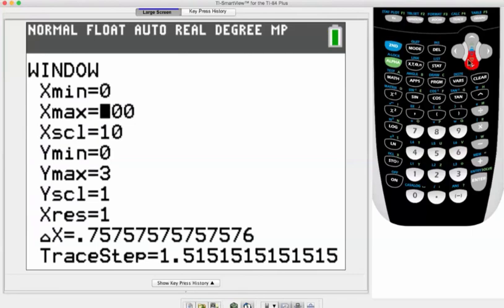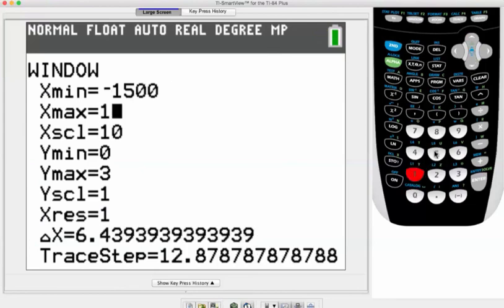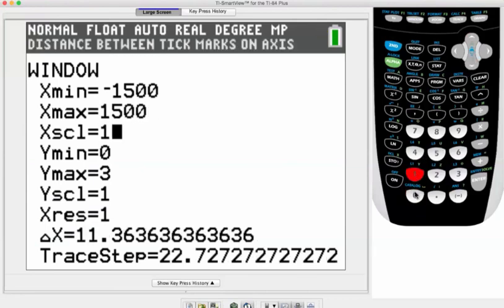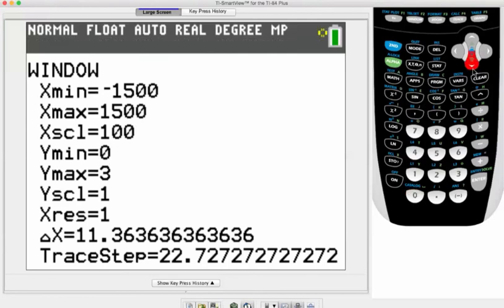I'm going to let my x min equal negative 1,500. I'm going to let my x max be 1,500. My x scale is going to go in terms of 100. My y minimum is 0. My y max is 7.